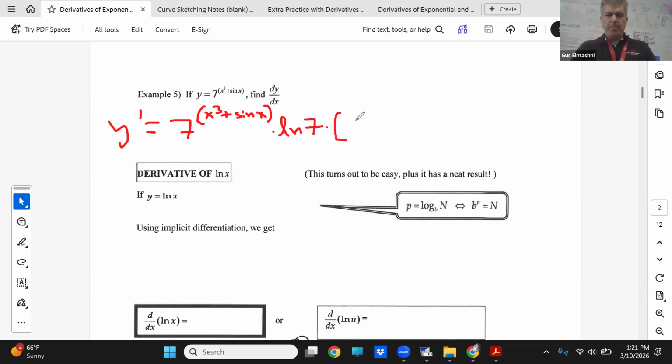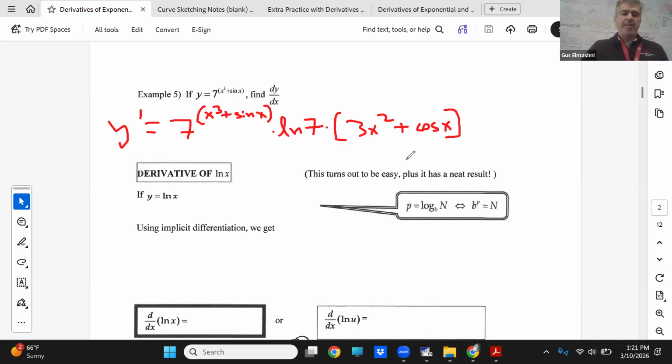What's that truly going to be? Plus cos x? Okay, there you go. All right, next up.